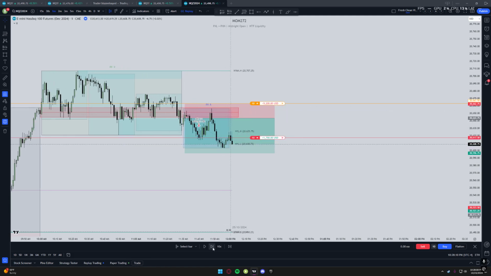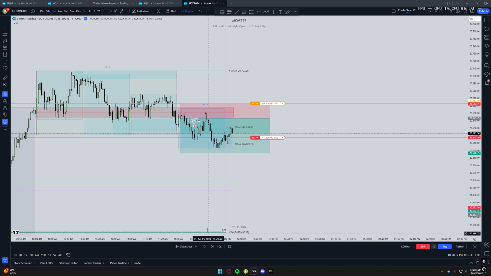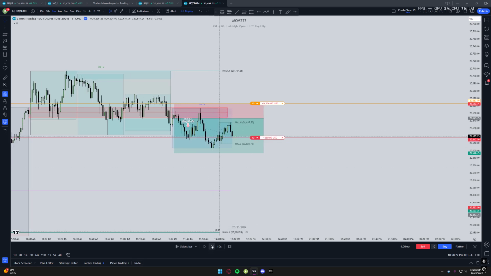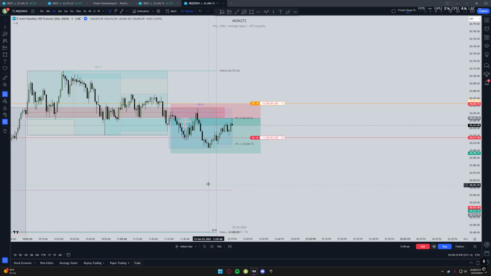We can see what happens here, and you can see, okay, we got to 1156, 12, and maybe we're going to turn around here, or maybe we're going to hit one of these and turn around lower. Also, if you were in the trade from here, when you go here, you come back here and you take this low out, you move stops to break even, and you cover costs, commissions.